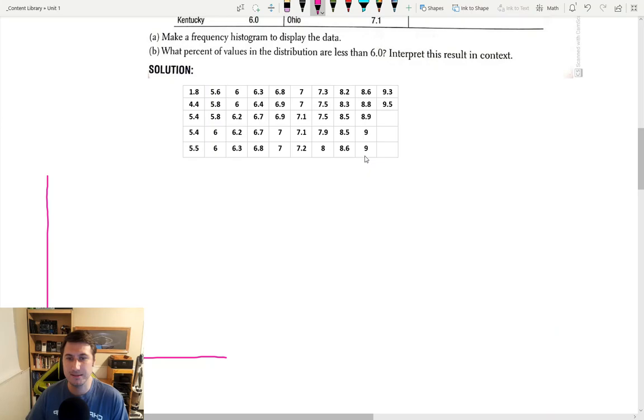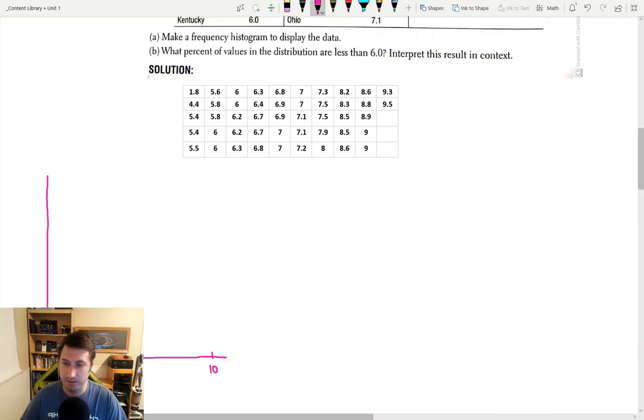Now we have to make some decisions. Essentially, what do we want to count by? How wide do we want our bins? I look at my numbers here, and I see I'm going all the way up to about 9.5. So I'd like my graph to come up to 10 probably, so it looks good. What am I going to count by to get up to 10?